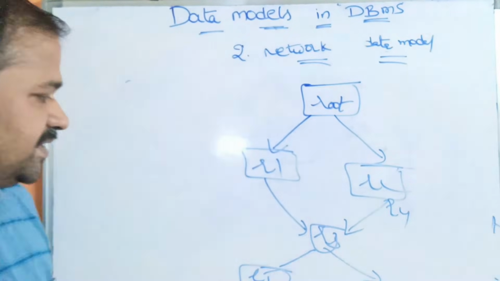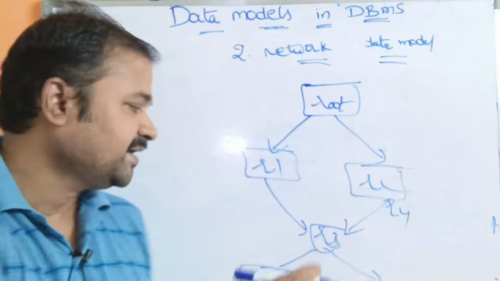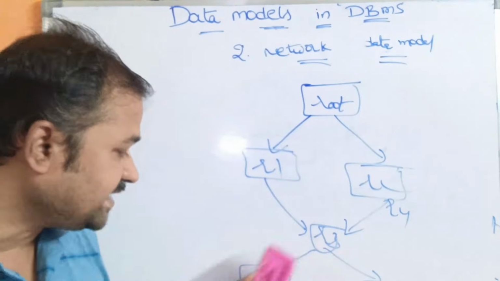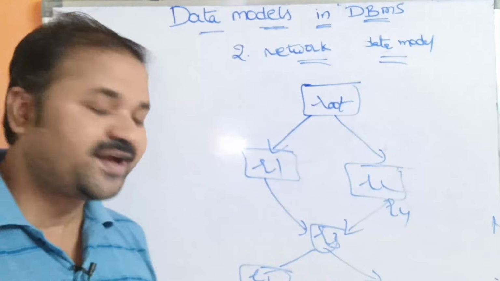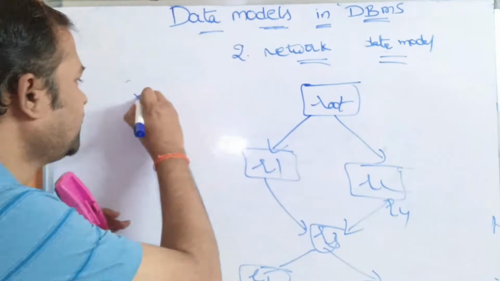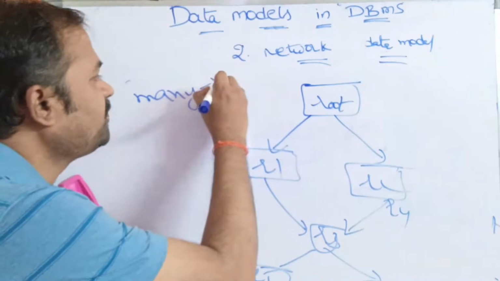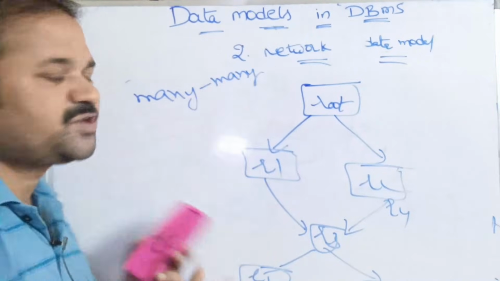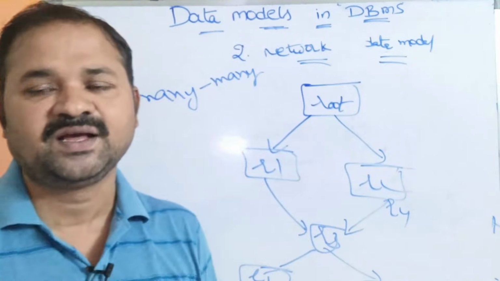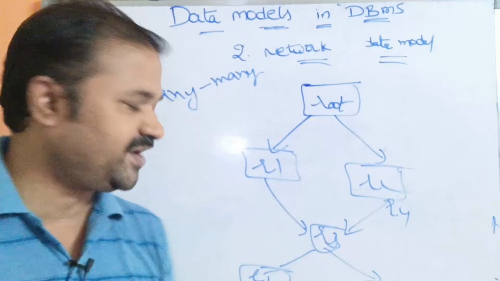If we consider record 3, it has two parents, R1 and R2. Record 3 has two children, R5 and R6. So the network data model follows a many-to-many relationship. Many-to-many means each node can have many parents and many children.